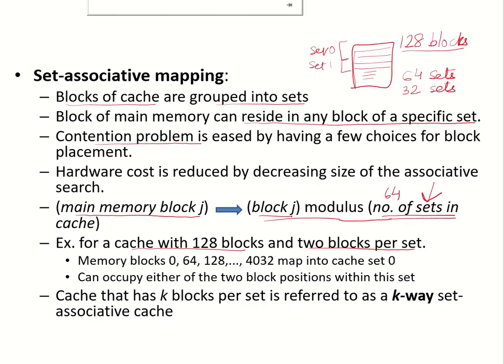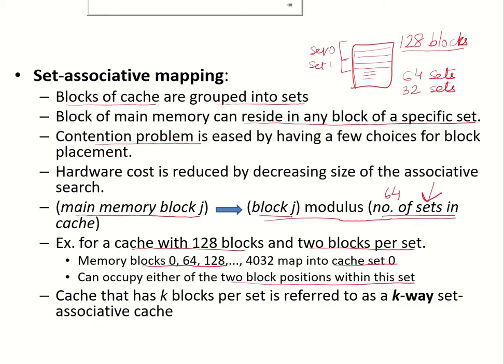By this mapping, memory blocks 0, 64, 128 will all map to cache set 0, because we are taking modulus 64.